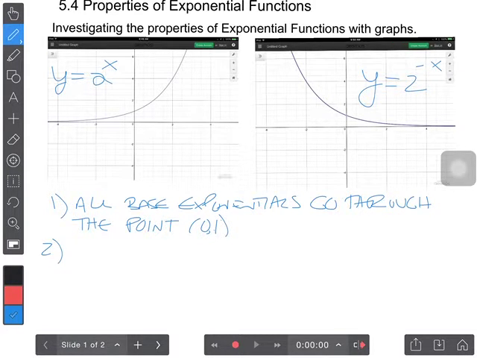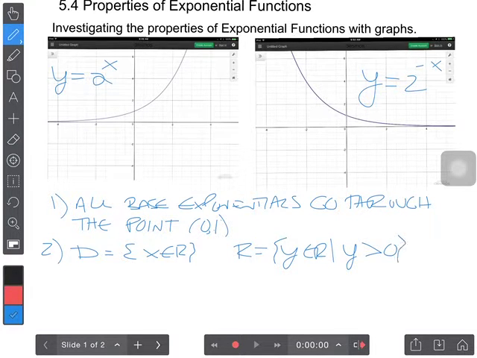The second one is we can put any x value in here. It does not matter. So our domain is x is an element of the real numbers. And our range, and this is for a base graph, never ever goes below the x-axis. So y is an element of the real numbers, y is always bigger than 0.